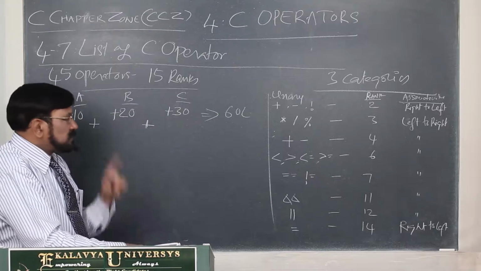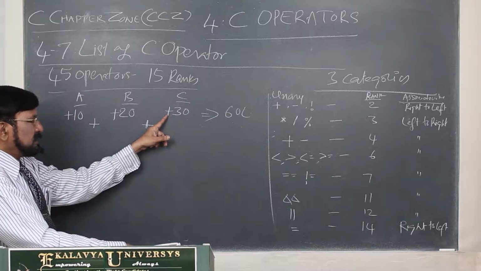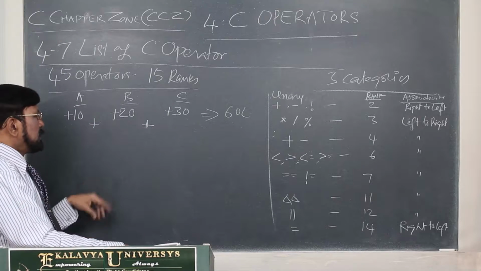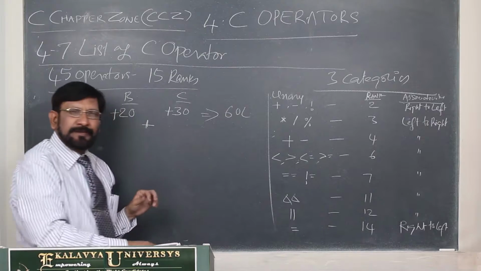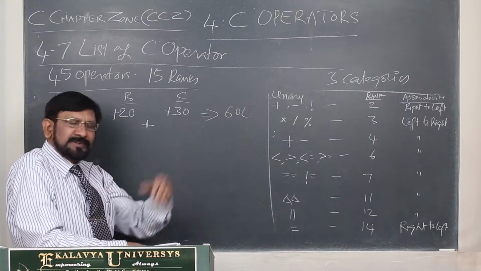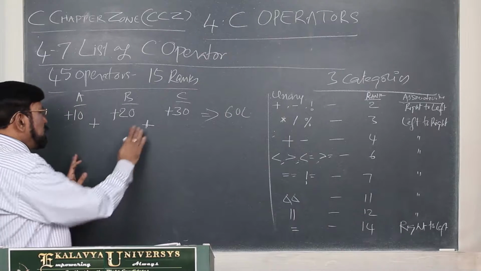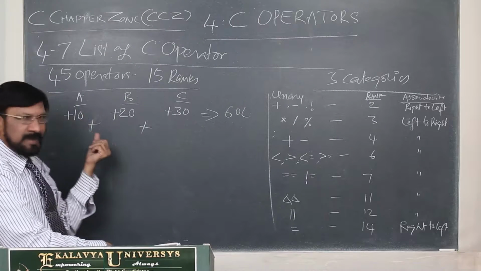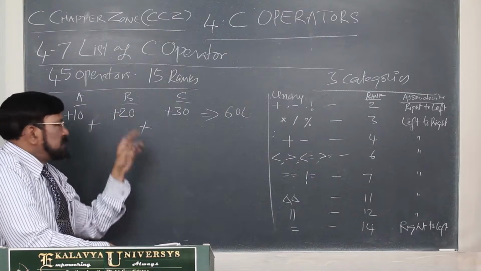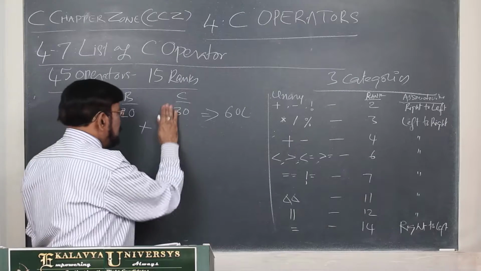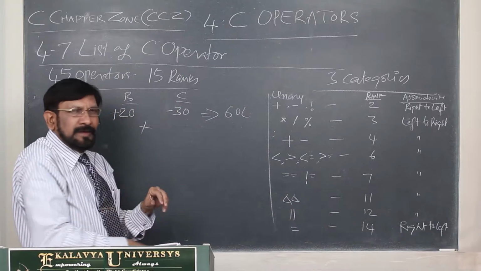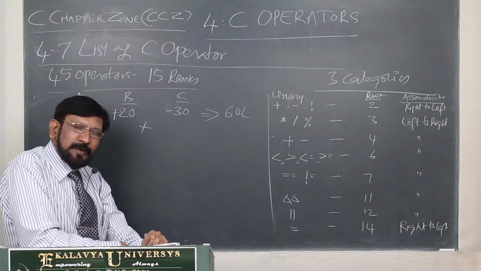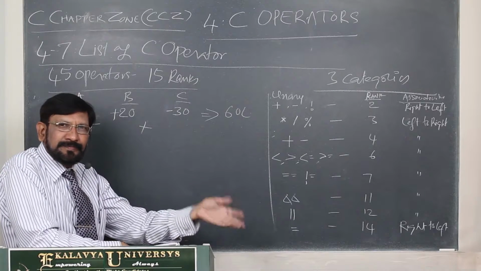First you considered unary plus, thereafter binary plus. Now see another example. City A has 10 lakhs worth of property, city B has 20 lakhs worth of property, and city C has 30 lakhs of minus property. Minus property means he has a liability.